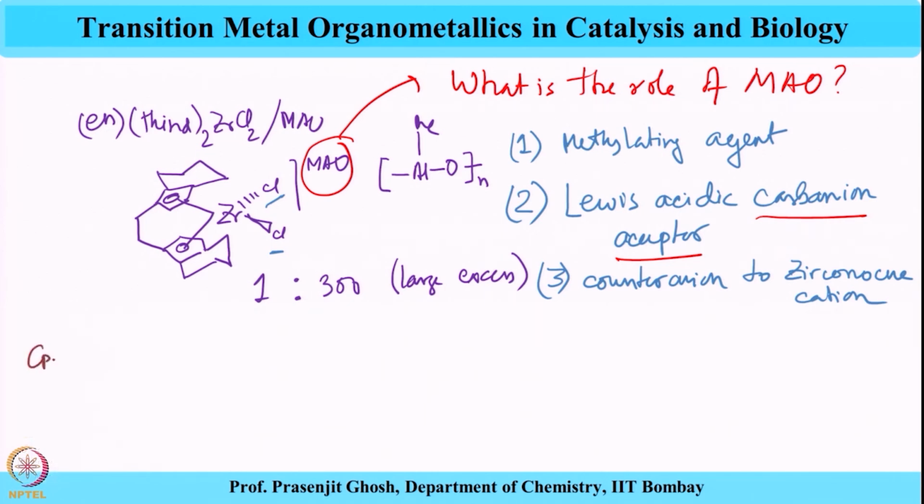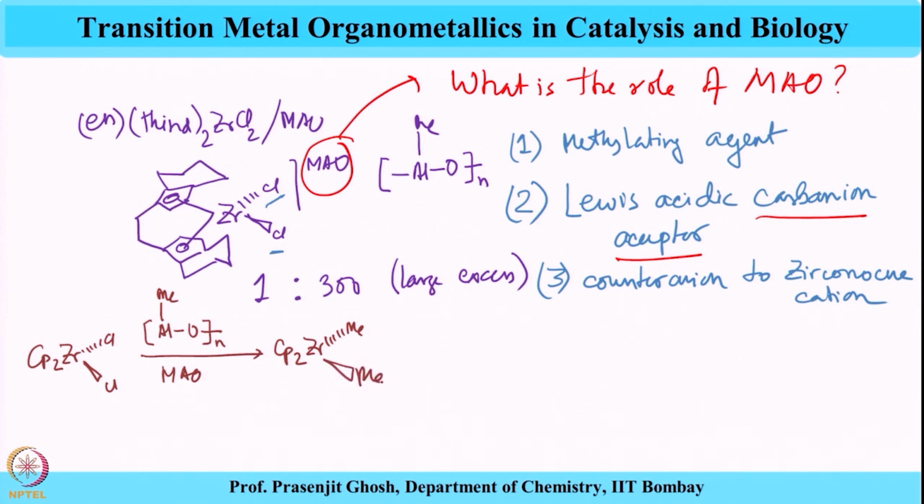For example, Cp2 zirconium chloride methyl with MAO gives Cp2 zirconium dimethyl. So, this is the first function that we had seen, the methylating agent.